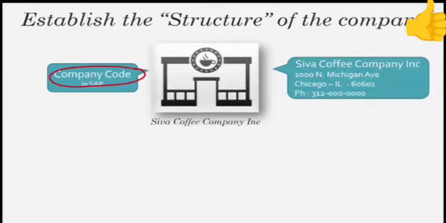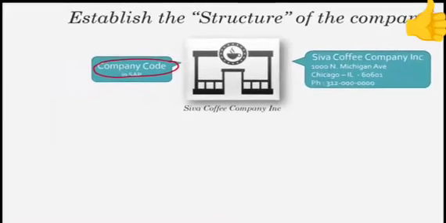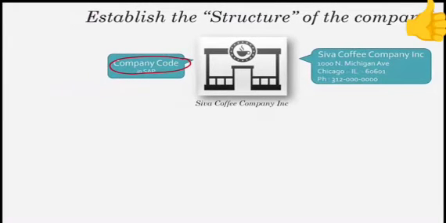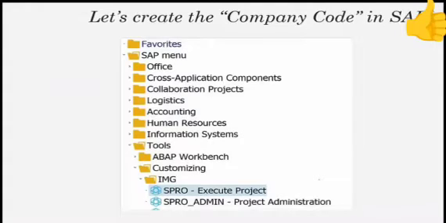In SAP, it's called the company code. So a company code in SAP is what a legal entity is outside of SAP. The company code in SAP is the equivalent of a legal entity in the real world. So let's create the company code in SAP.